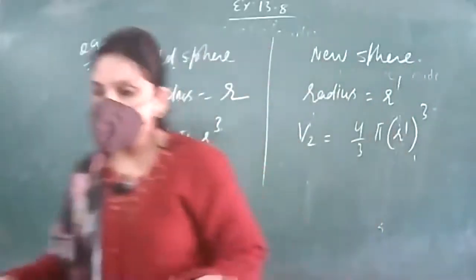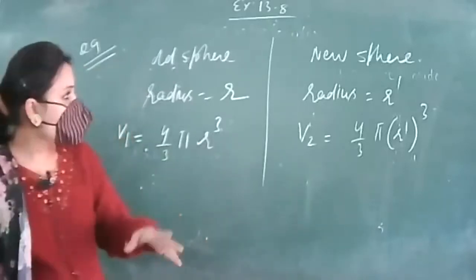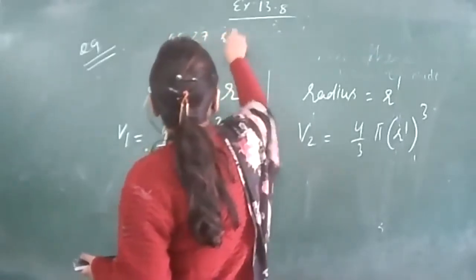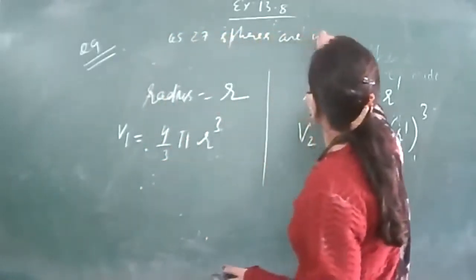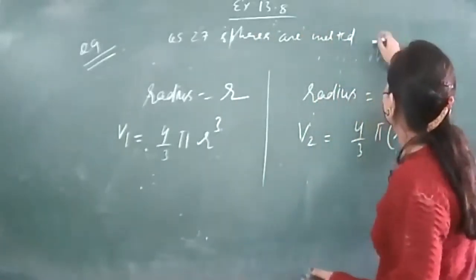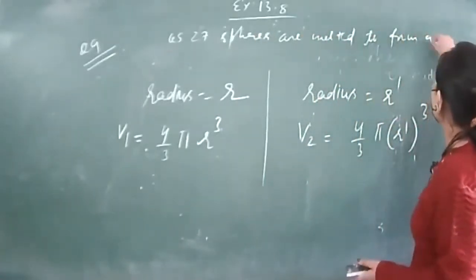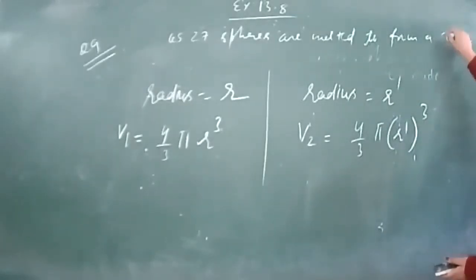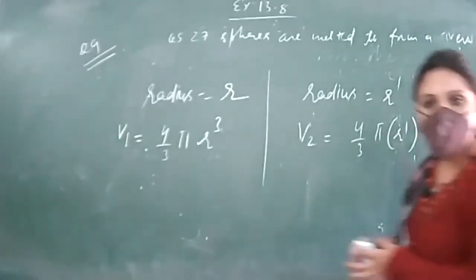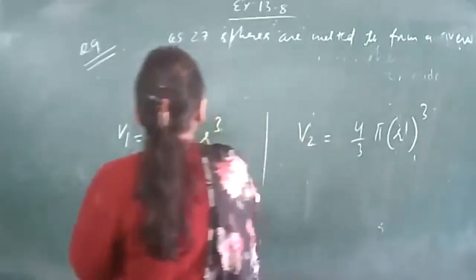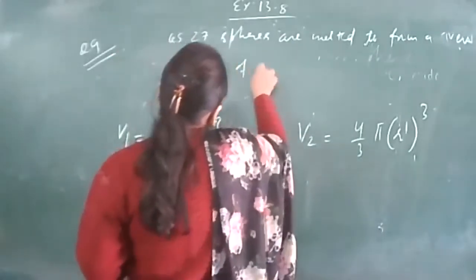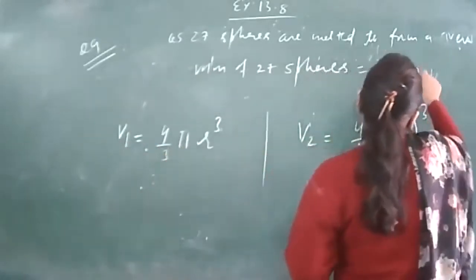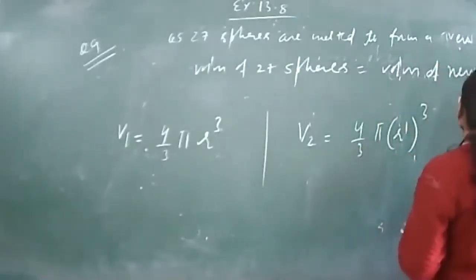Then according to the concept, what we will write thoroughly, that as 27 spheres are melted to form a single sphere, to form a new sphere, लिख लो, to form a new sphere, therefore volume of 27 spheres is equal to volume of new sphere.